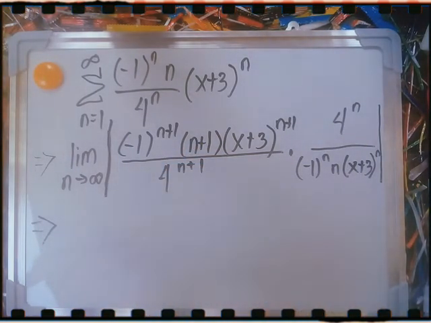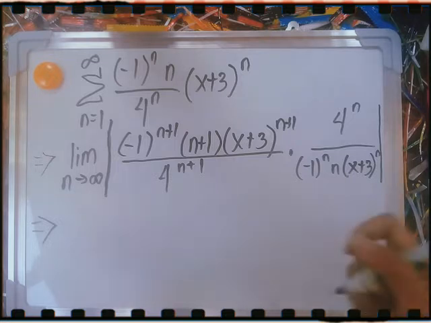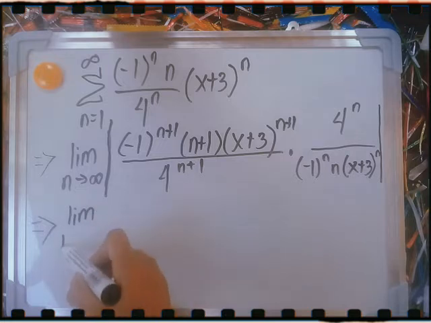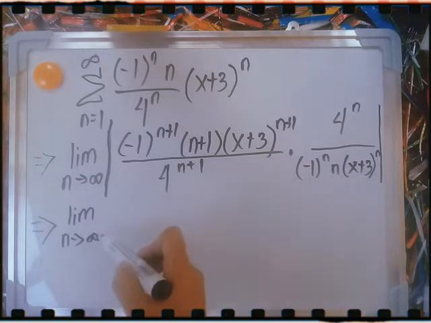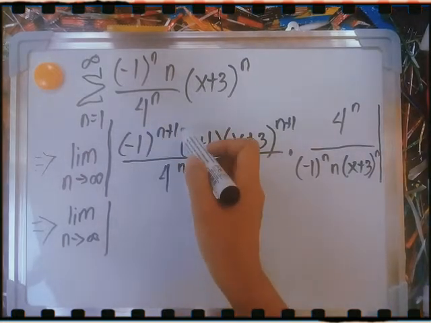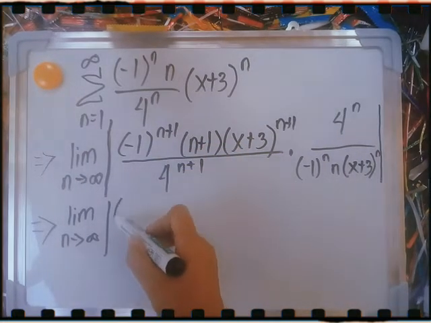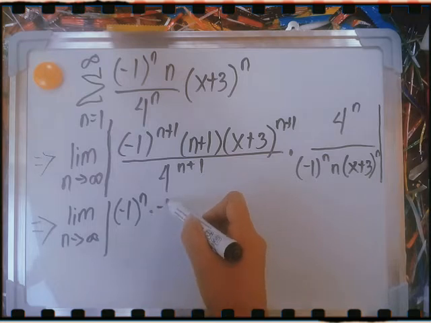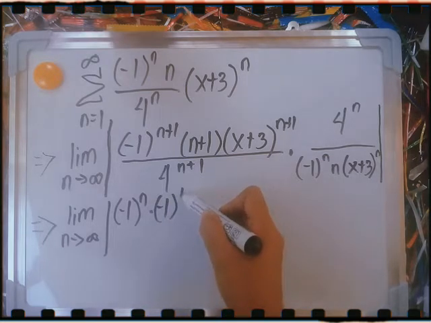So, paano ba mag-breakdown? Yung sinasabi ni Ma'am Michelle na breakdown na yan. Ganito po iyon. In negative 1 raised to n plus 1, breakdown natin siya into negative 1 raised to n times negative 1 raised to 1.